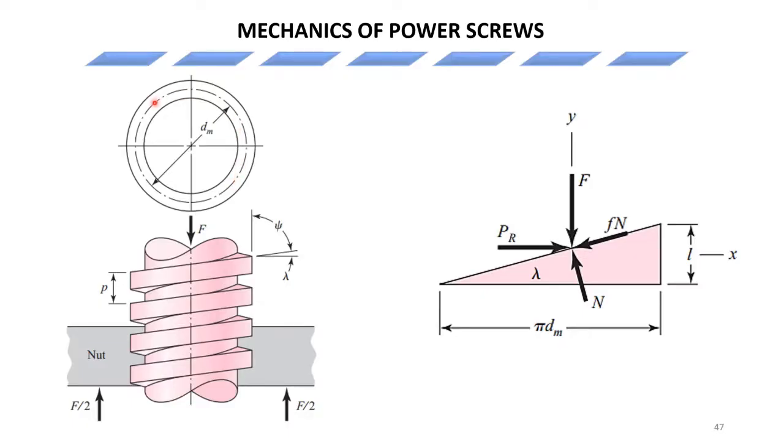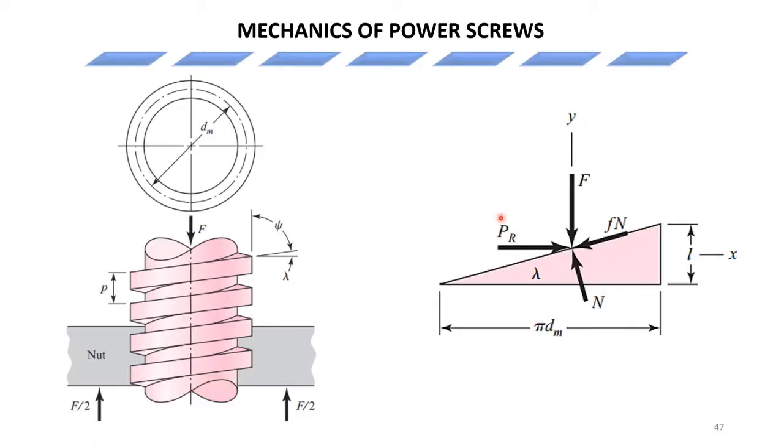So we have the pitch diameter here, the root diameter or the minor diameter here, and then the major diameter outside there.